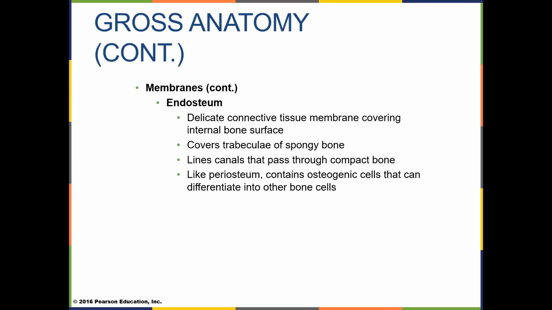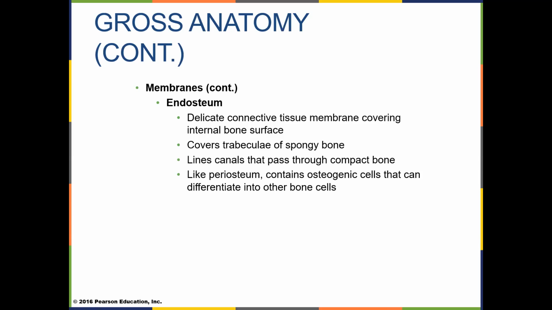The endosteum lines the inner layer of the compact bone. It lines all of the trabeculae of the spongy bone in here. It lines all the canals that pass through the bone. It also contains osteogenic stem cells. So the endosteum is similar to the periosteum.